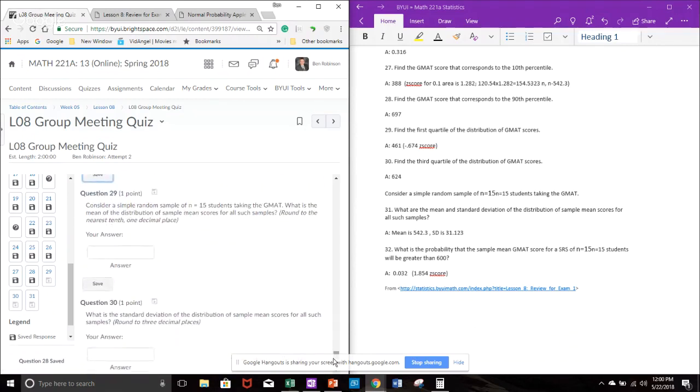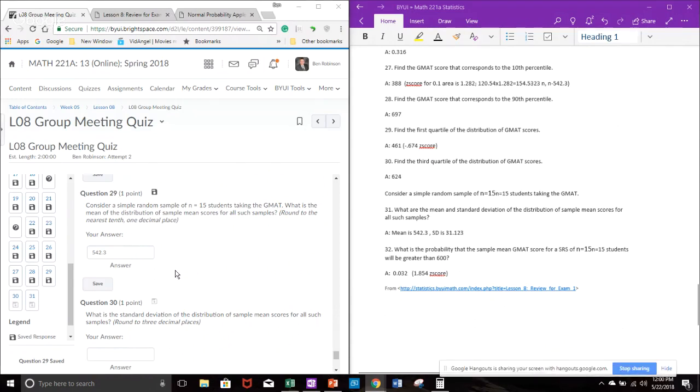And then it says consider a simple random sample, the mean of the distribution of sample means. Of course, it's 542.3, it doesn't change. Do you agree? I didn't hear you, sorry, maybe my internet is losing signal.